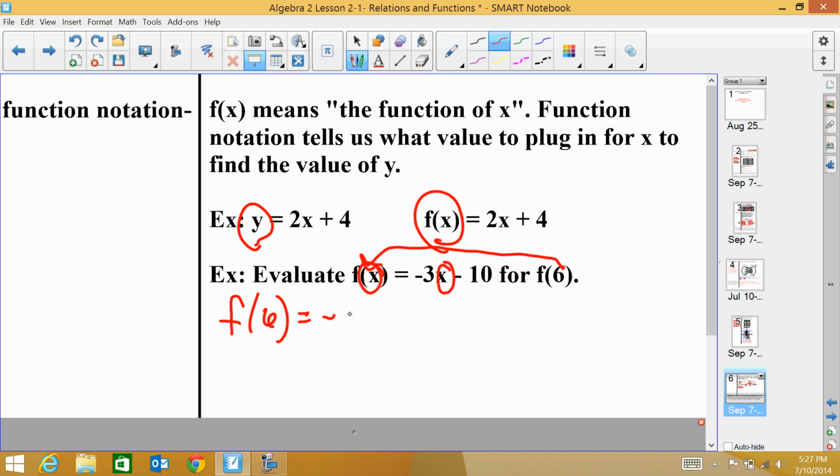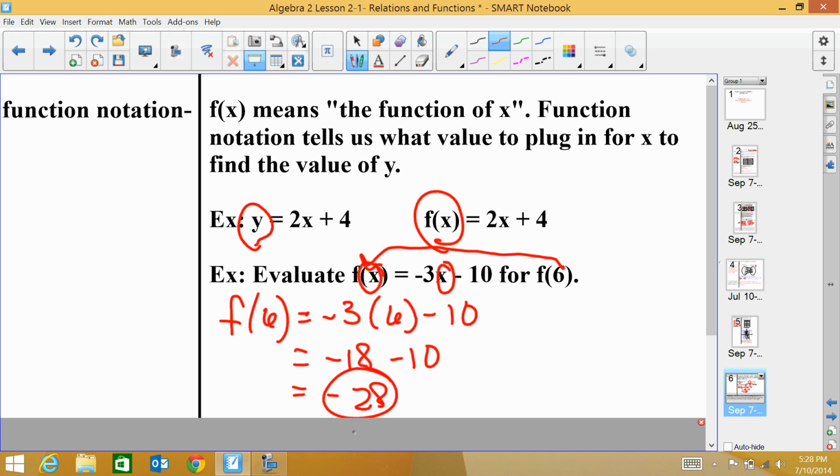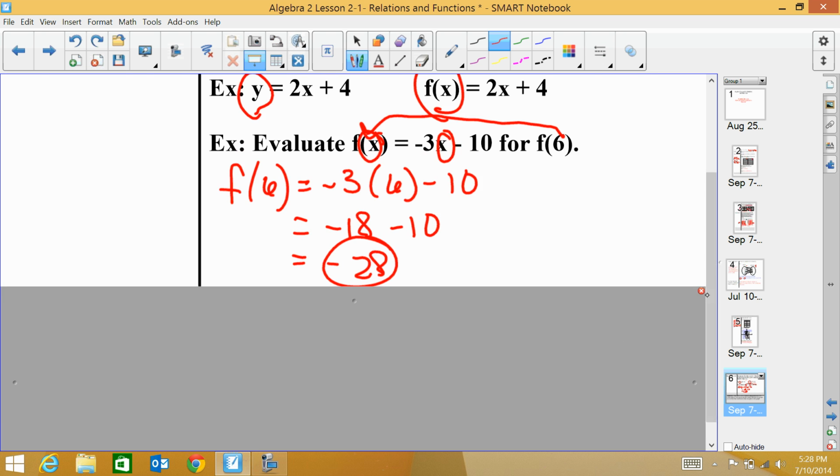And I take negative 3 times 6 minus 10. So I plugged in 6 for all the x's. So, negative 3 times 6 is negative 18, minus 10 equals negative 28. And so that is your answer. So f of 6 equals negative 28.